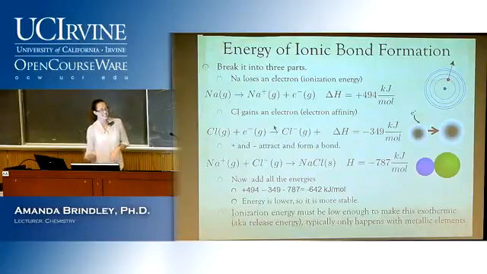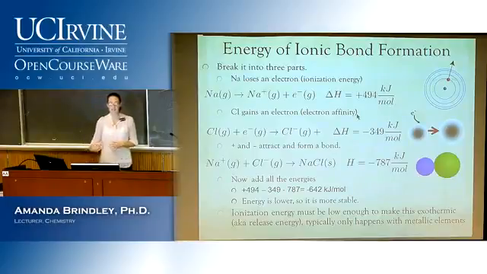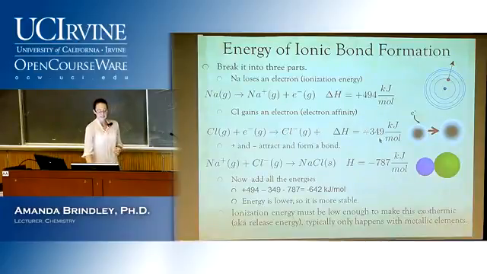Now Cl is going to gain an electron. It's going to take an electron in. So that's, in other words, an electron affinity, right? Once again, what we talked about last time. And again, we'll just give it a number now. So that releases a little bit of energy, and that becomes negative 349. So these are just numbers for these specific things. Obviously not something that you would ever be expected to memorize.